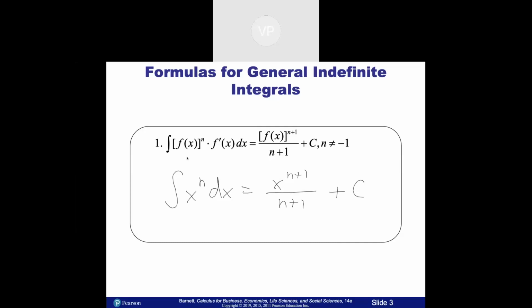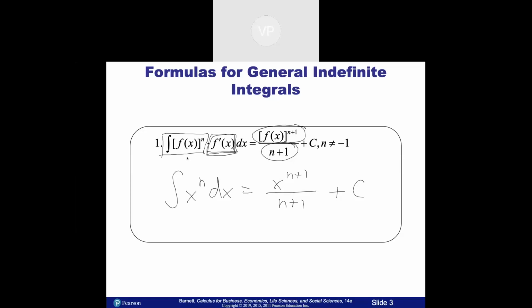Okay, so notice it's the same kind of thing. You have something here to the n power, and you still add 1 to the power and you divide by the n plus 1. The difference is we need to have the chain rule already built into the problem. So that's what we're going to do.